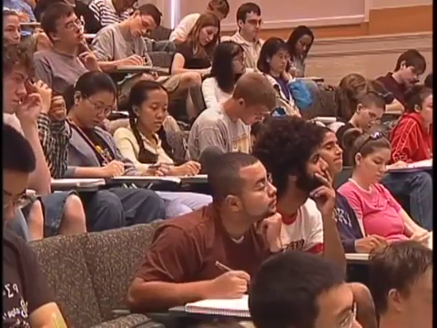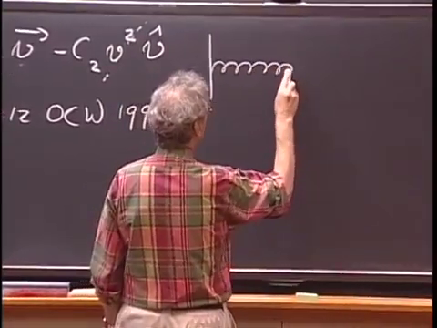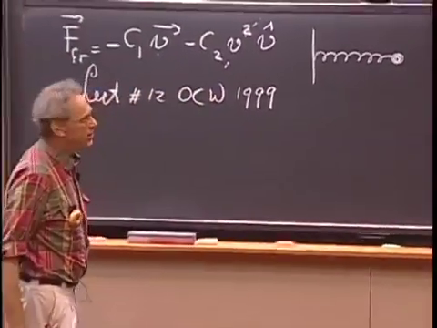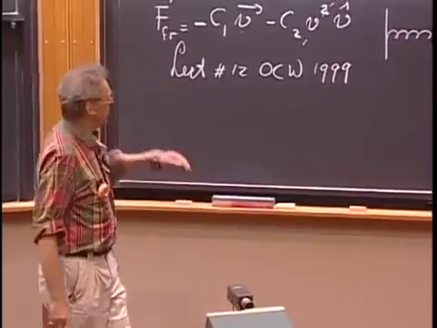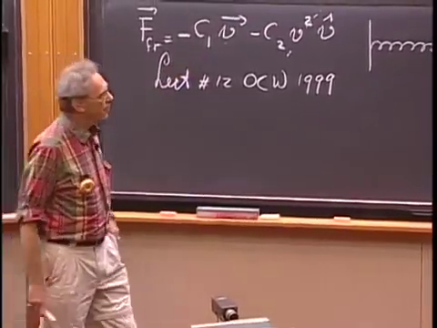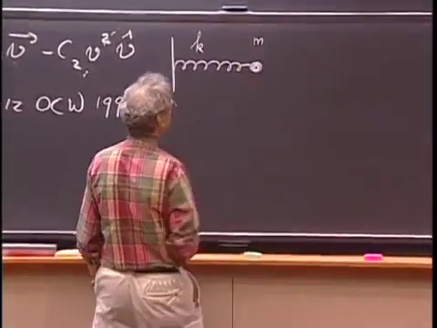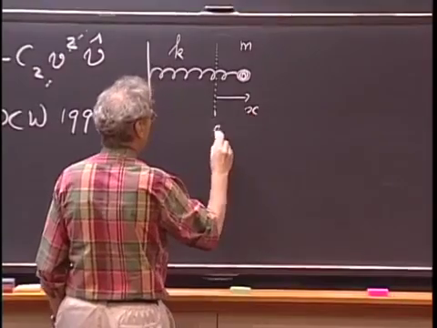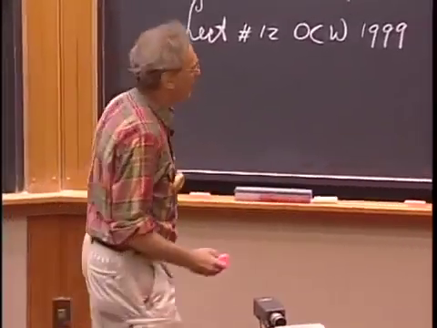I will start with an extremely pedestrian example. I have here a spring on a horizontal surface, and as it moves, there is friction. And we assume that the friction has this form. The spring constant is K, the mass is M, and if I move it a distance x away from equilibrium, then there is a spring force that drives it back to equilibrium.